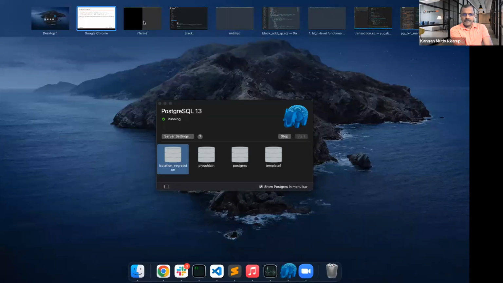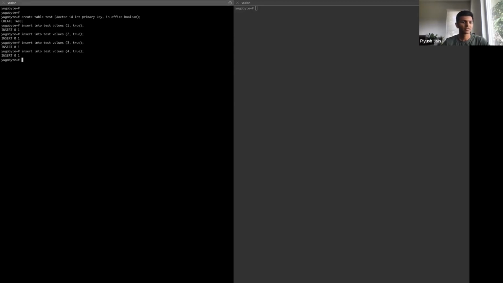I have a database instance here and two connections. I'll create a table first. This is a simple table with some doctors and a field which indicates whether the doctor is in office or not. Let's say we had four doctors here, all of whom are in office.